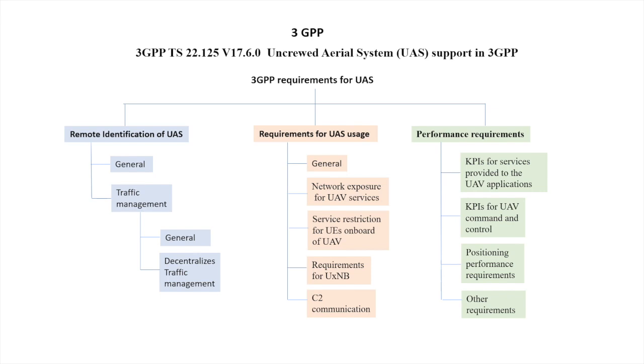UAS usage requirements are subdivided into general, exposure of UAV services, service restrictions, requirements for onboard radio access node, and C2 communication. Performance requirements are subdivided into KPI for services provided to UAV applications, KPI for UAV command and control, position and performance requirements, and other requirements.